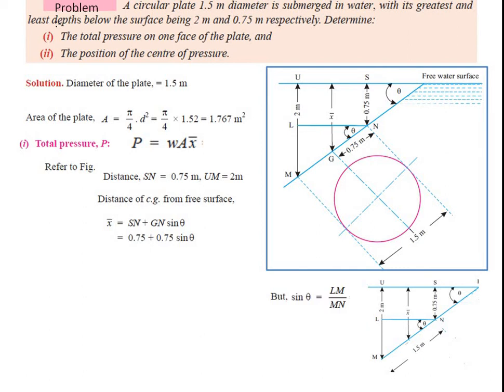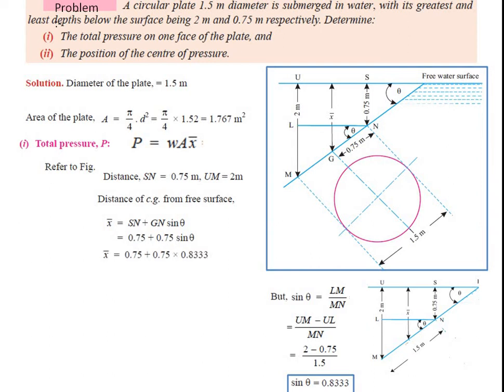And we know that sin theta is equals to LM divided by MN. LM is nothing but UM minus UL, divided by MN. So it is nothing but 2 minus 0.75 divided by 1.5. So sin theta is equals to 0.8333. That value we are going to use here.